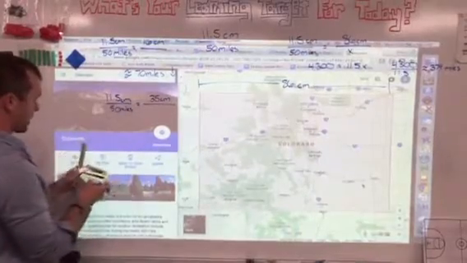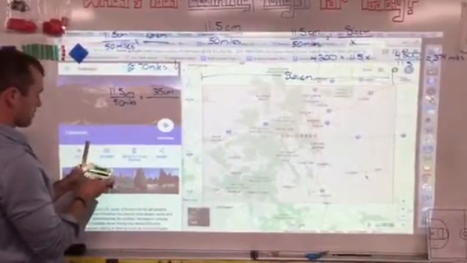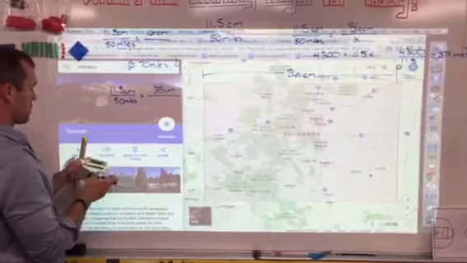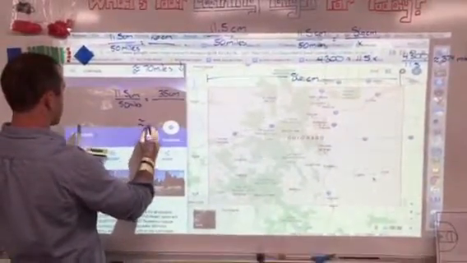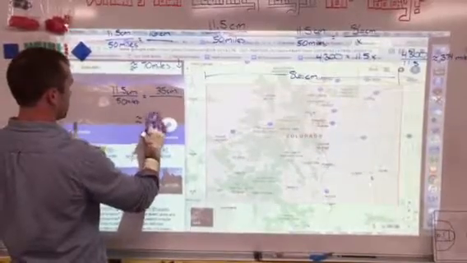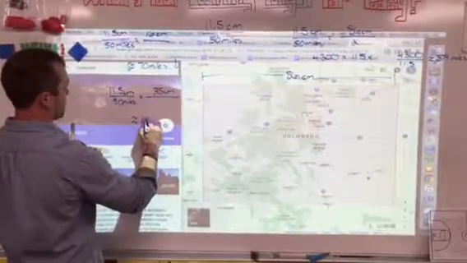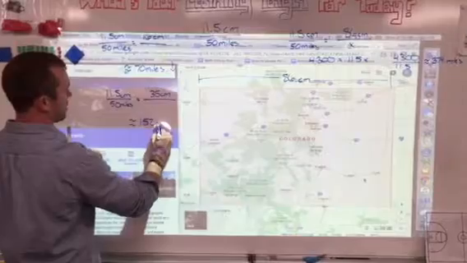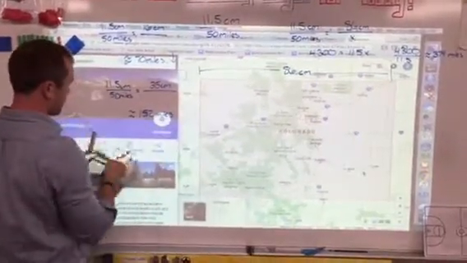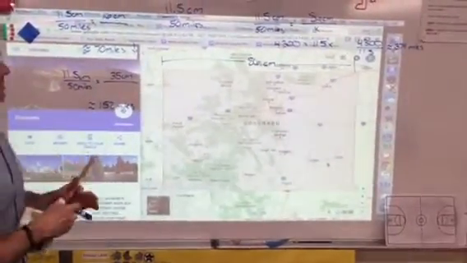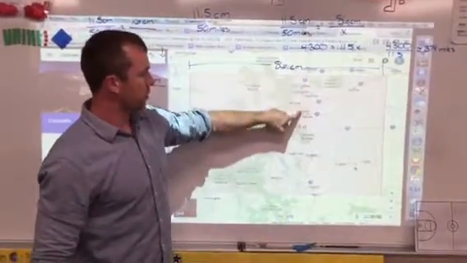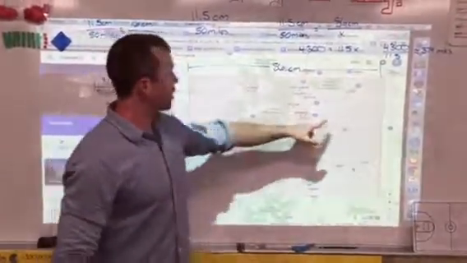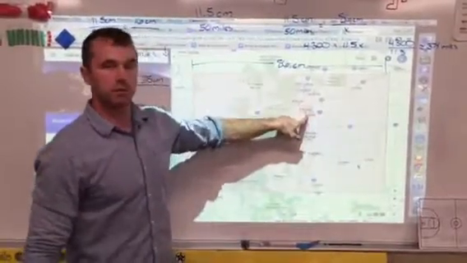And then I divide that by 11.5. And I get 152. And this is rounded again because it's a decimal. 152 miles. So I know the city of Denver is 70 miles from the northern border, and I know that it is 152 miles from the eastern border.